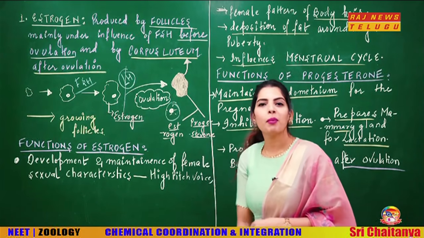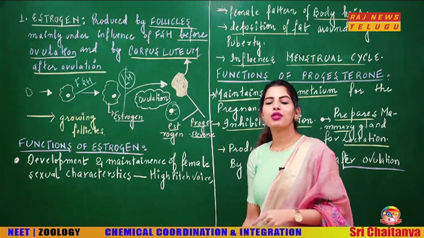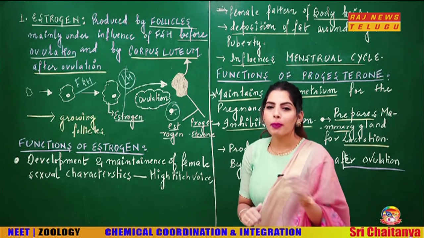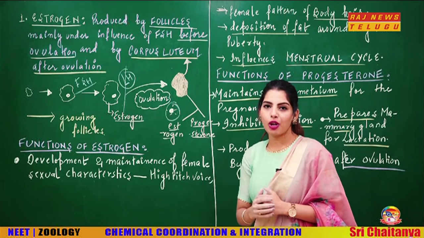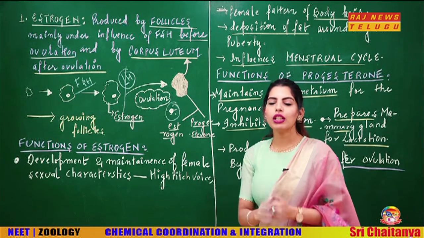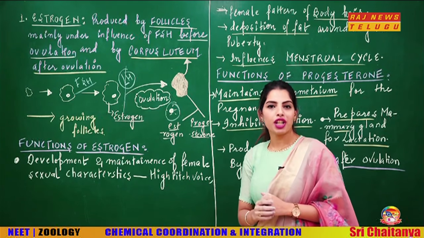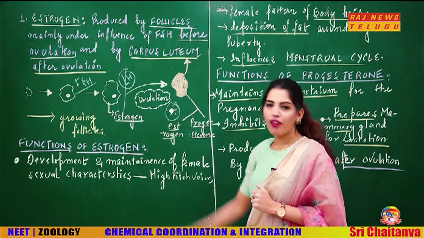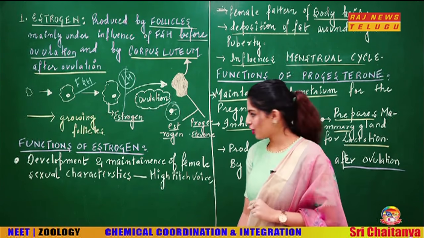Here only you can compare that estrogen is produced before as well as after ovulation, before by the follicles, after by the corpus luteum. But progesterone is only and only produced after ovulation by corpus luteum. Now let us look at some of the functions of this hormone estrogen.